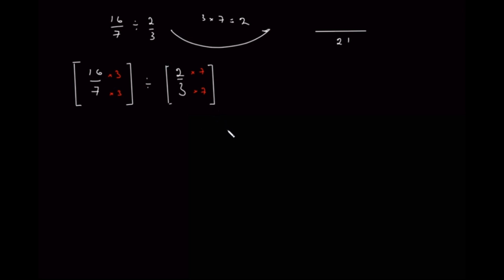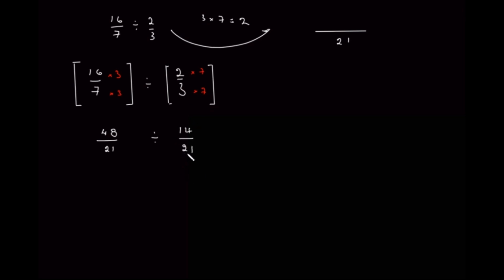Notice I use the word equivalent. Now 16 times 3, 3, 6, 18, 48. 3 times 7, 21. There's your divide. 2 times 7 is 14. 3 times 7 is 21.